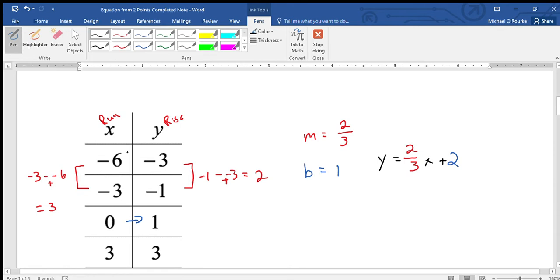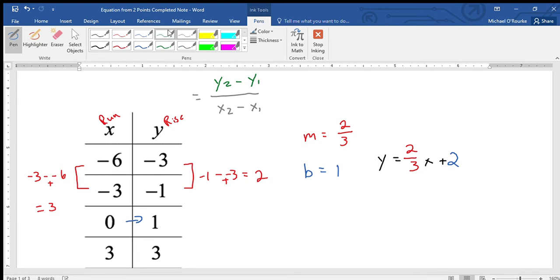So I'm going to write the equation up here and color code it: y2 minus y1 over x2 minus x1. If you go backwards here, y's indicate the rise, and x's indicate the run.